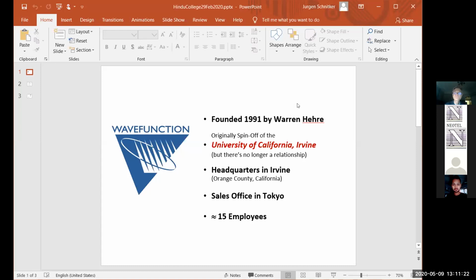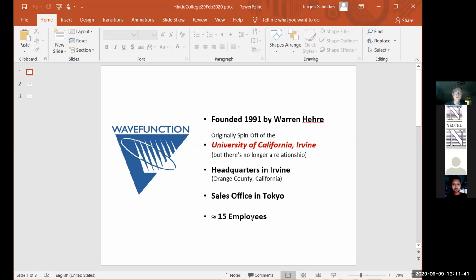Warren Hehre was the first student who wrote the original code of another quantum chemistry program called Gaussian. It was a spin-off of the University of California, Irvine, and this is still where we are headquartered.